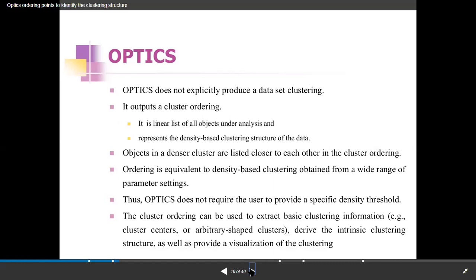Thus, OPTICS does not require a specific density threshold, because here the denser clusters are listed closer to each other, and the regions that are not close enough are listed in a more separated form. The cluster ordering can be used to extract basic clustering information, and the cluster centers of arbitrary shaped clusters also.